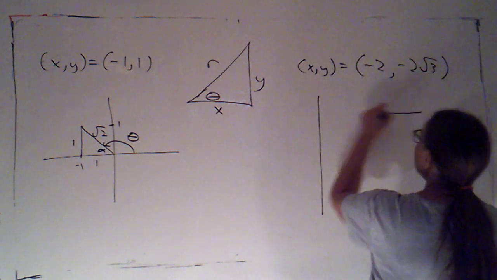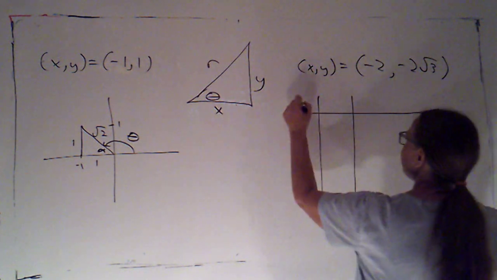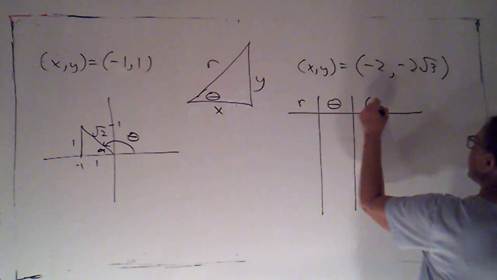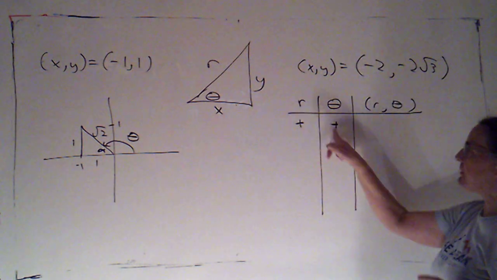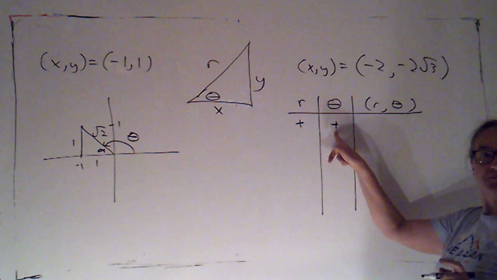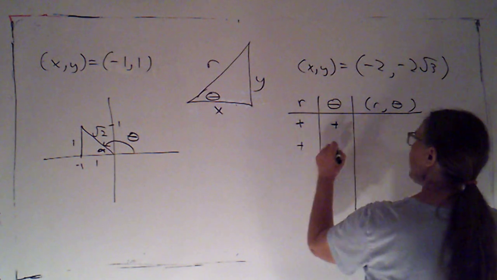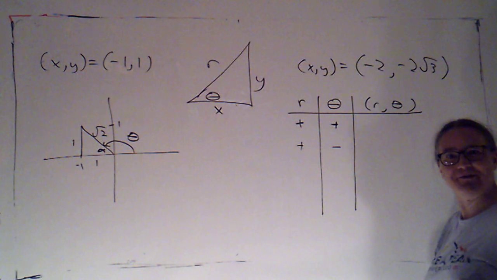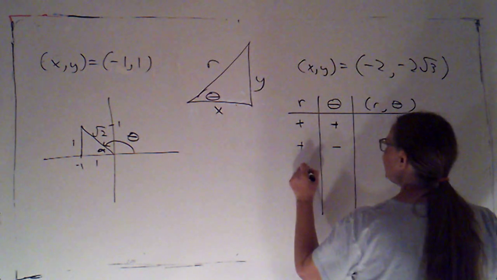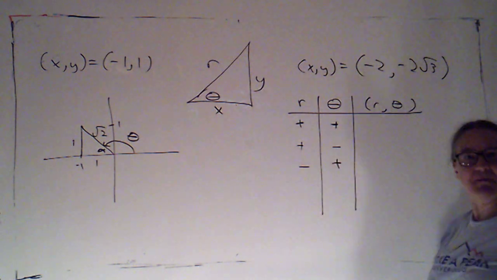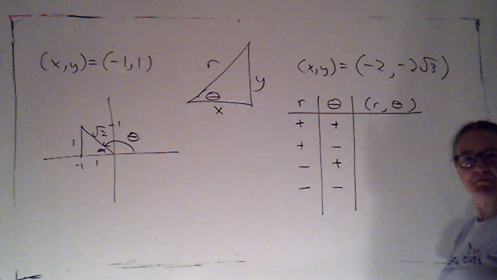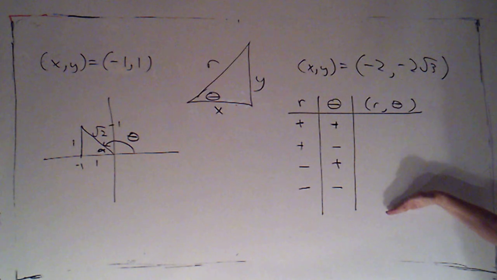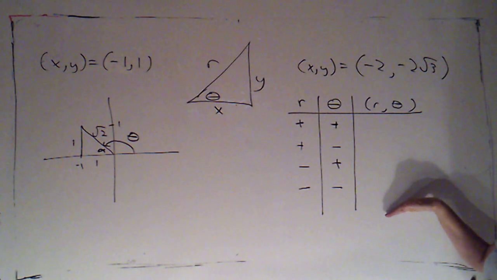I want you to find 4 pairs of coordinates. First of all, choose r and theta to both be positive. Then choose r to be positive, but theta to be negative. Then choose r to be negative and theta to be positive. And then choose r to be negative and theta to be negative. So come up with 4 pairs of polar coordinates for this point.